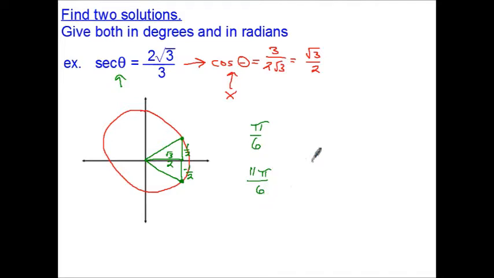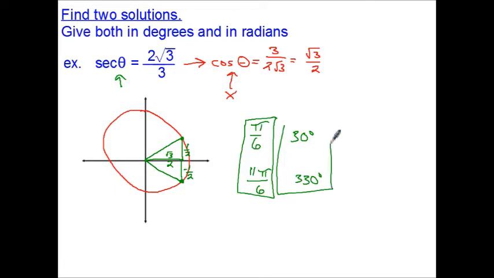There's my radian answers. My degree answers are pi over 6 is 30 degrees, and 11 pi over 6 is 330 degrees. So there's one set of answers in radians, and the other set in degrees, for what theta equals.